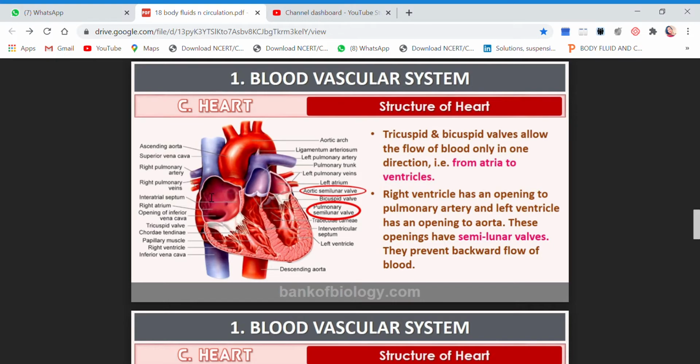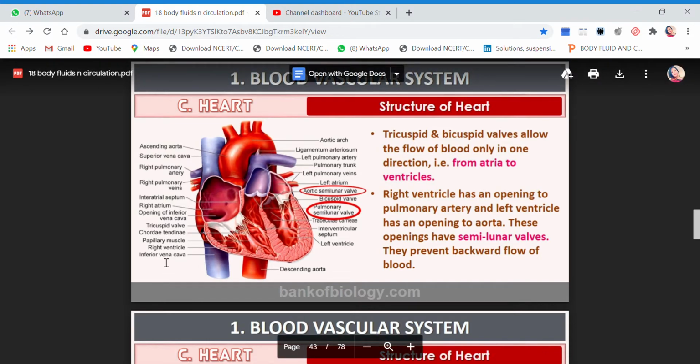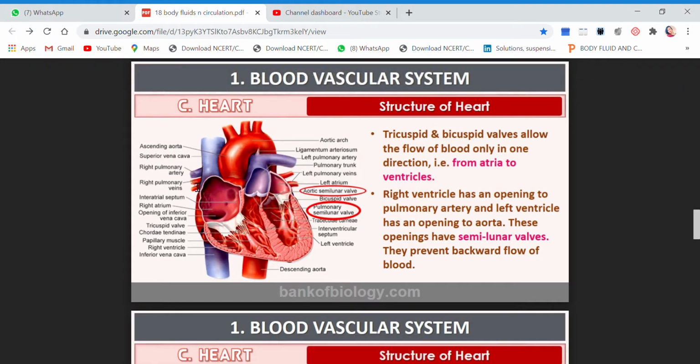The right auricle has an opening called the vena cava. The vena cava are of two types, the superior vena cava you see here and the inferior vena cava. Both these vena cavas join together and open into the right auricle. So this was one chamber.